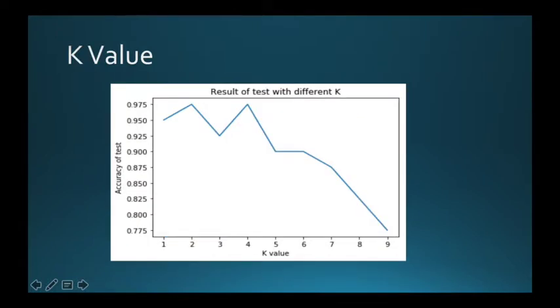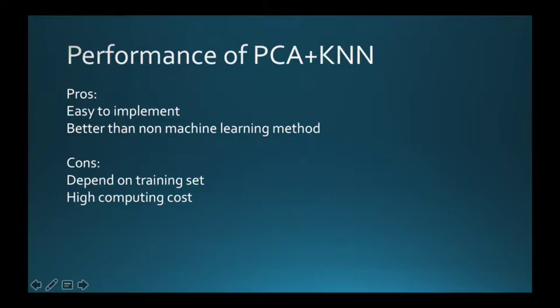We have to carefully select the k value since it will affect the result a lot. As we can see in the figure, when we're using k larger than 5, we will get accuracy lower than 90%. The advantage of PCA plus KNN is that they are easy to implement, and although they are almost the simplest methods in machine learning, they still beat the performance of non-machine learning methods.